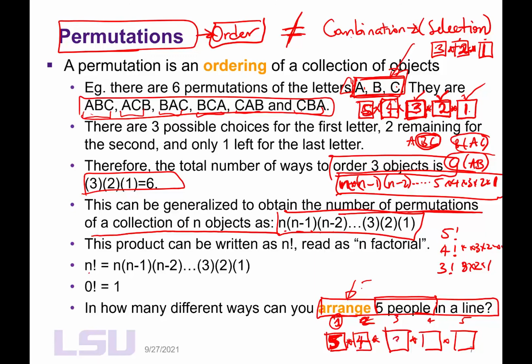So you're left with 3. 3 people can occupy the third position, then 2 can occupy the fourth position, and only 1 person can be in the last position. And what's this? 5 factorial, which is what? 20 times 3 is 60 times 2, 120, and you're done.